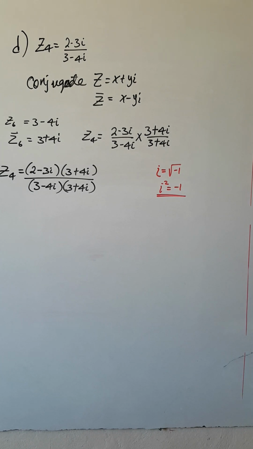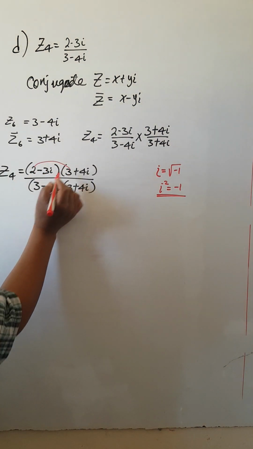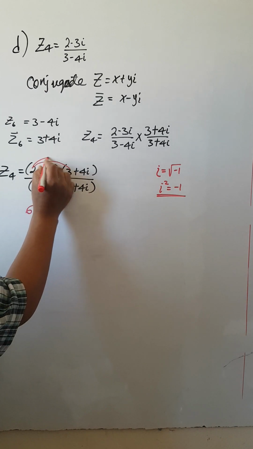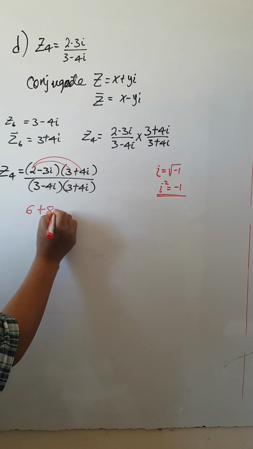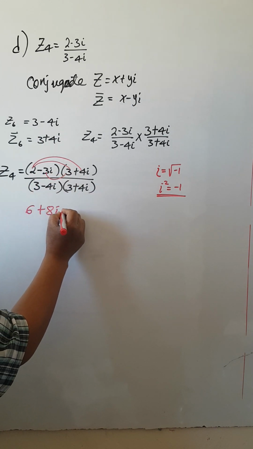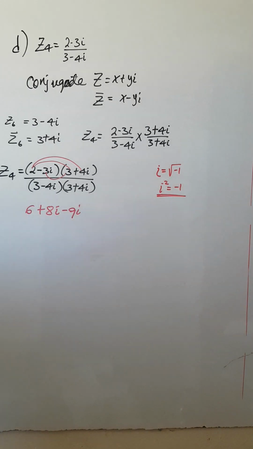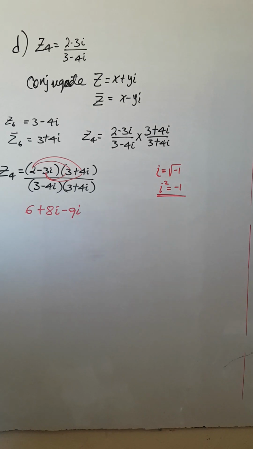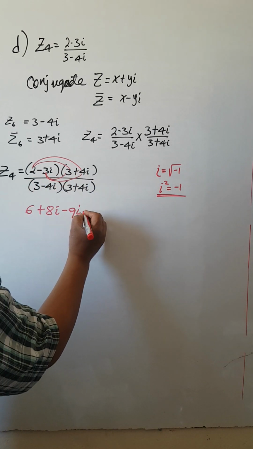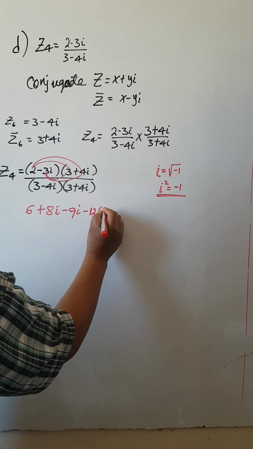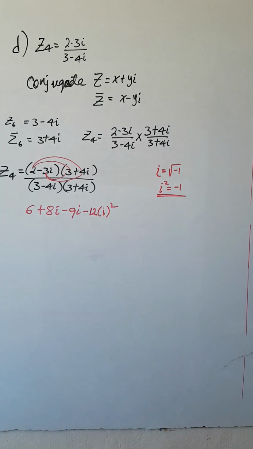So go through the simple product. 2 times 3 is 6, plus 2 times 4i is 8i, negative 3i times 3 is negative 9i, and negative 3i times 4i is negative 12 times i squared.